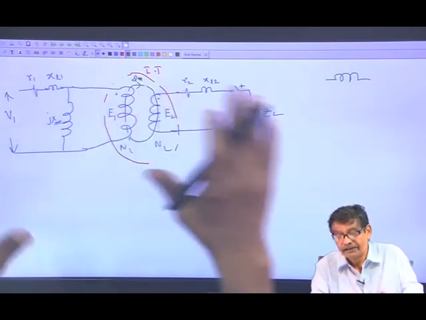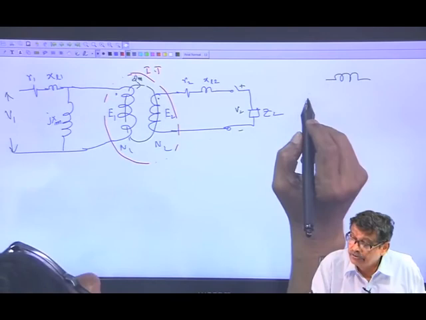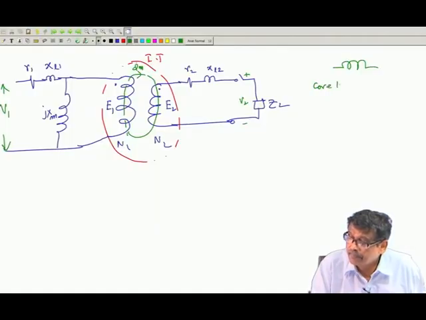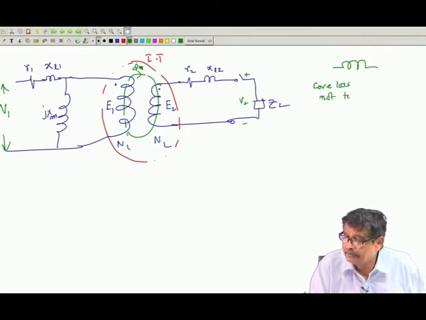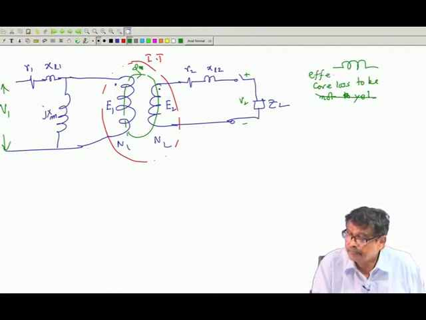So far, core loss is not yet taken into account. The effect of core loss is to be taken into account.